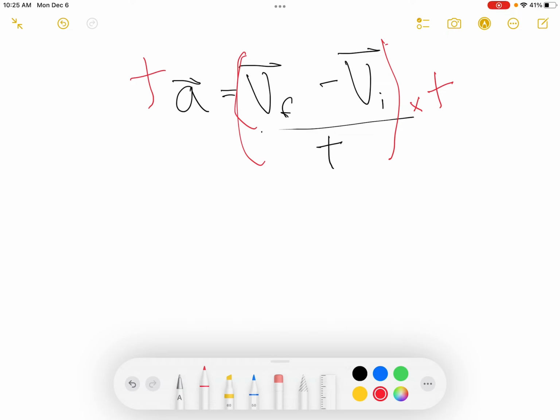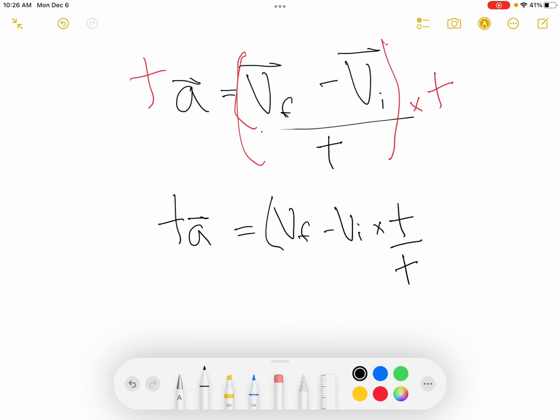Now let me rewrite this, because we have a lot going on here, and I'm going to show some steps in between. Here we have time times acceleration is equal to Vf minus Vi times t over t. This is essentially the same thing that we have written above.